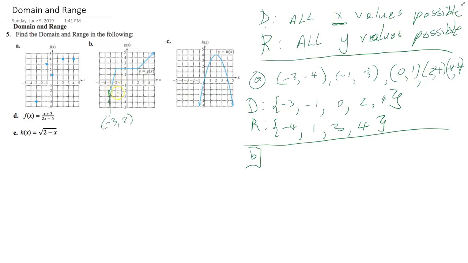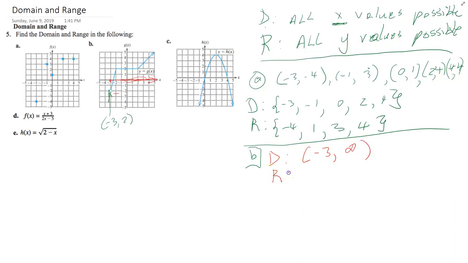All right, so your x value will be all numbers from negative 3 and going right, okay? Going to the right. Right? So from negative 3 going right, that's all the possible x values. So your domain then would be negative 3 to infinity.